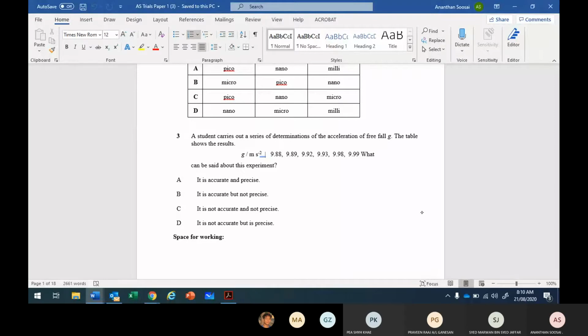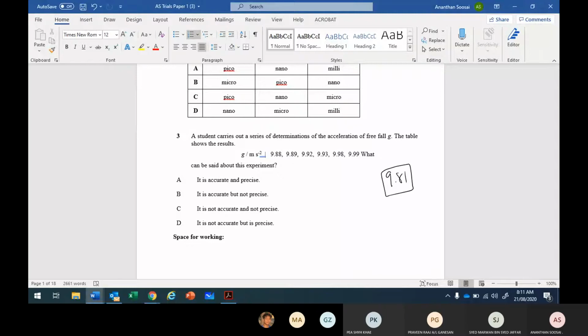The values are 9.88, 9.89, 9.90, 9.92, 9.93, 9.99. The actual answer is 9.81, right? So not even once they hit 9.81.